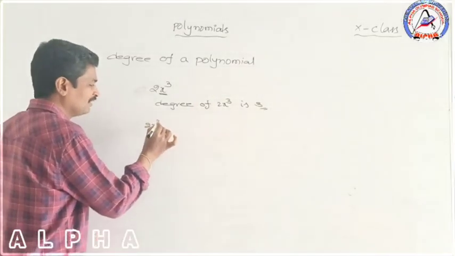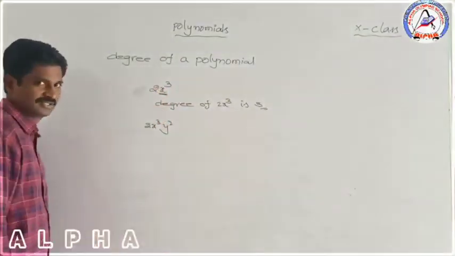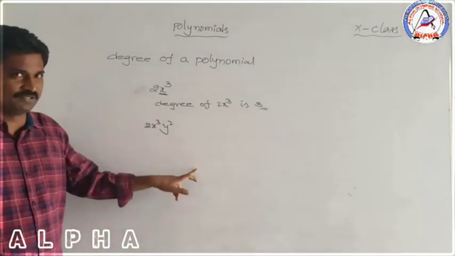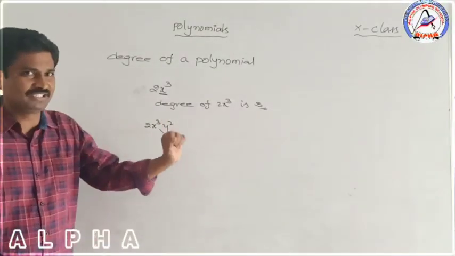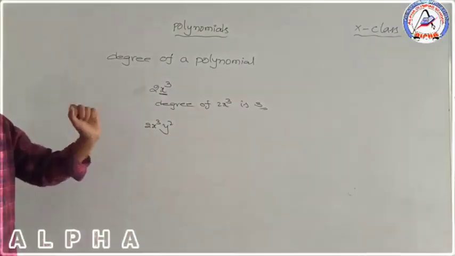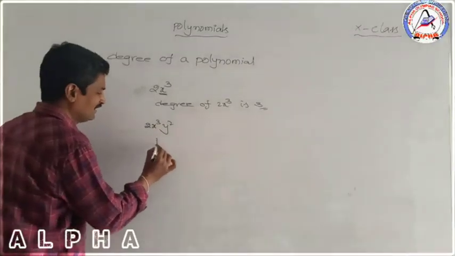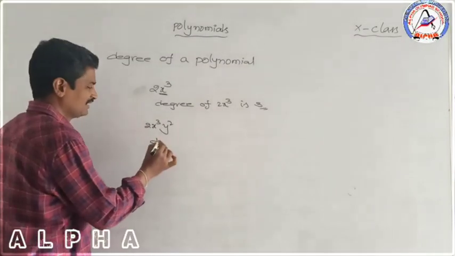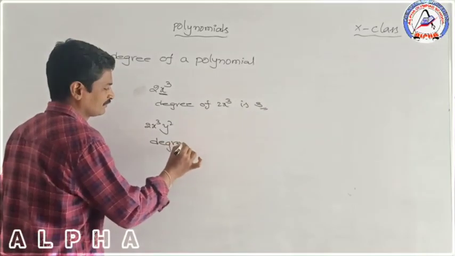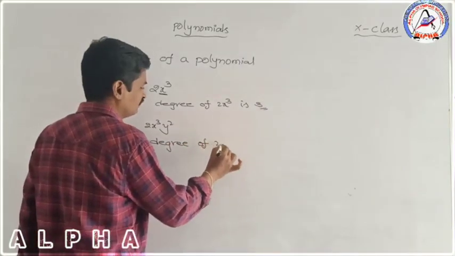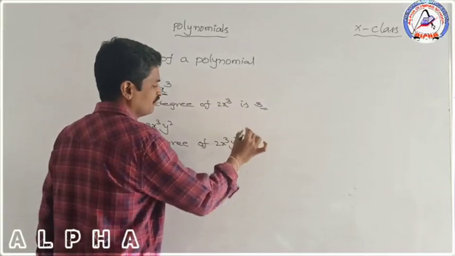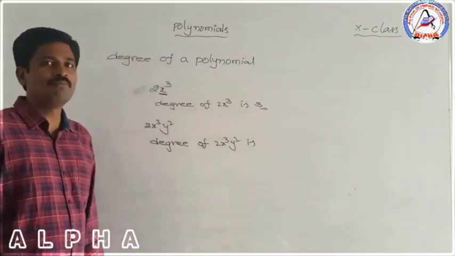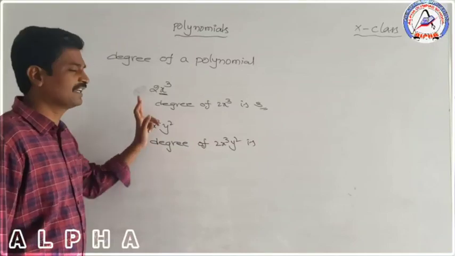If a monomial has two variables, it is a polynomial having two variables, with only one term. How can we find out its degree? Which variables are we seeing here? x and y. The degree of 2x cube y square is the sum of the powers, the sum of the exponents.